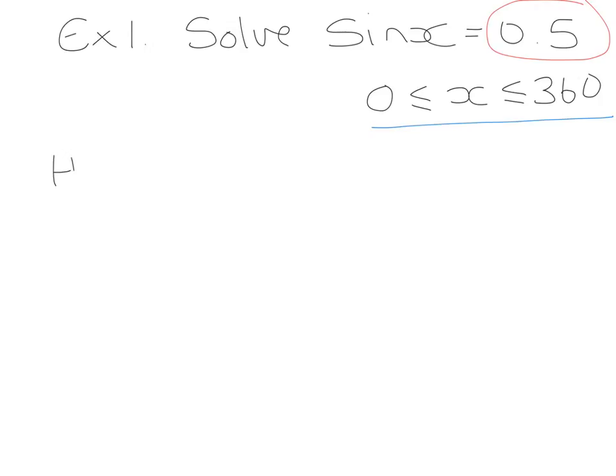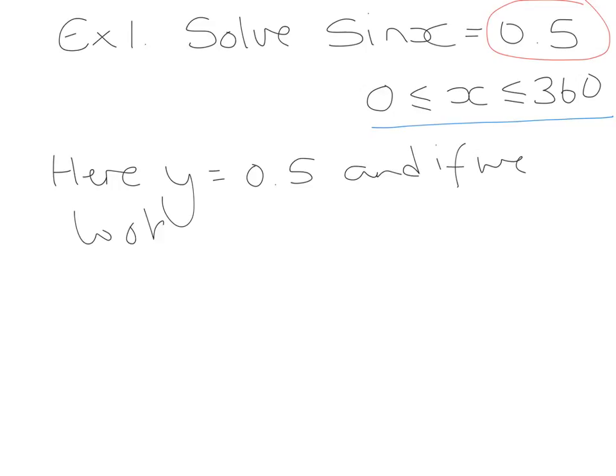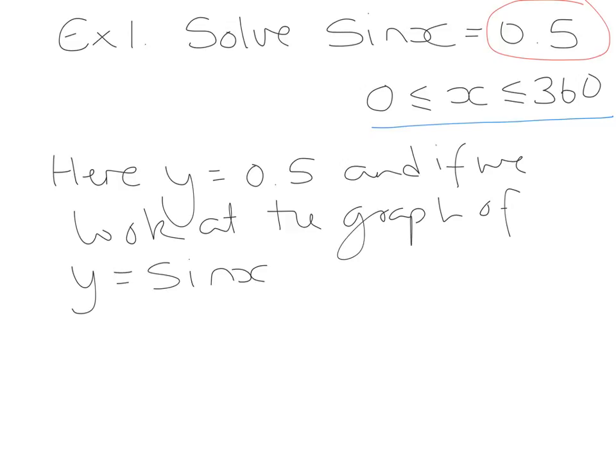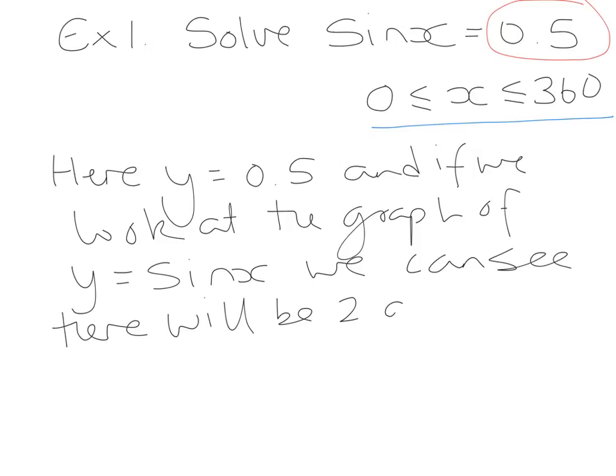So I've said that here y is equal to 0.5, and the graph would be y is equal to sine x. We can see there will be two answers, so we mean two x values.